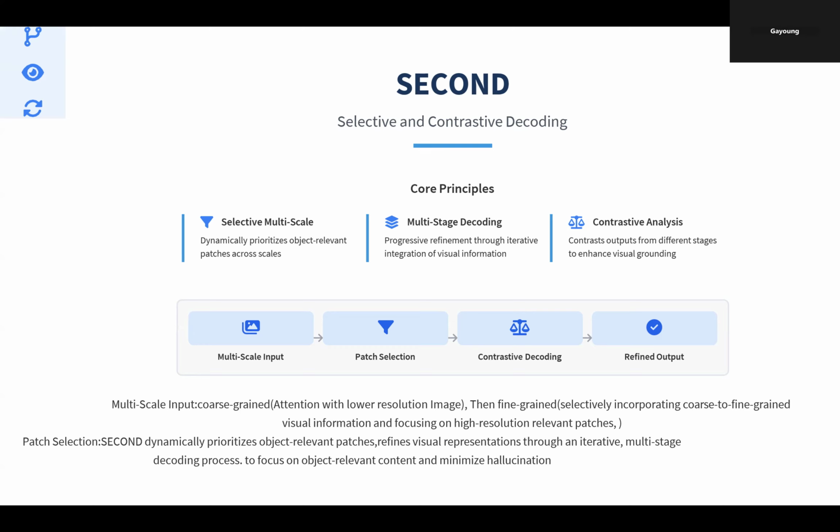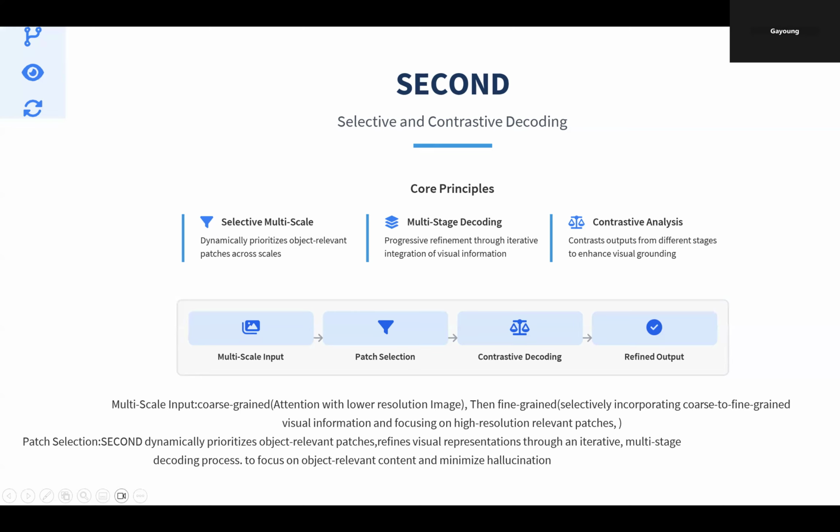When human beings see a picture or a landscape, they hold the whole image first, and secondly they focus on some area. That is the mechanism they applied.